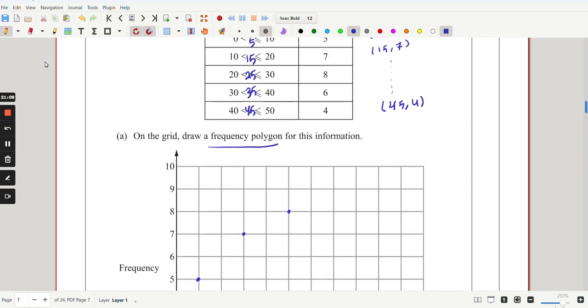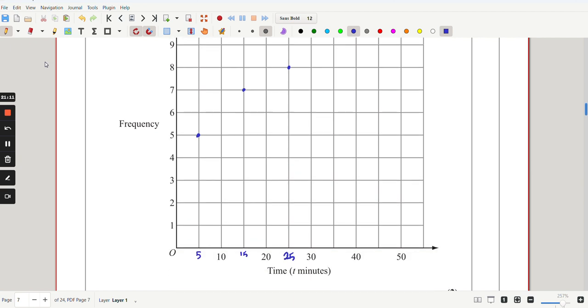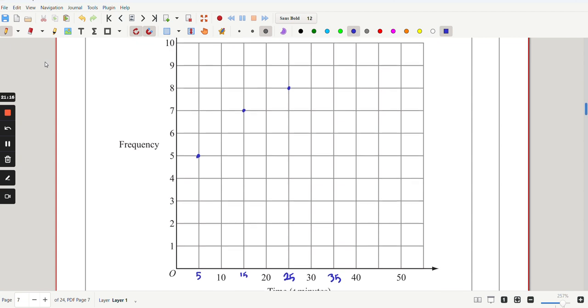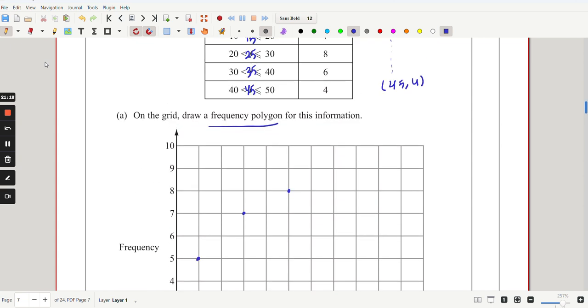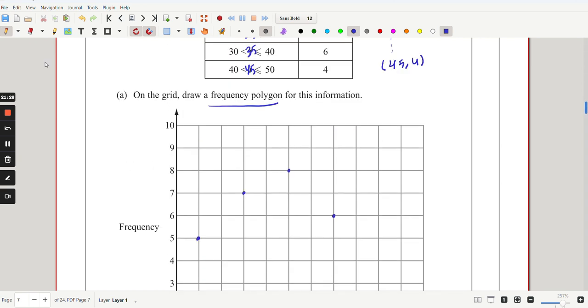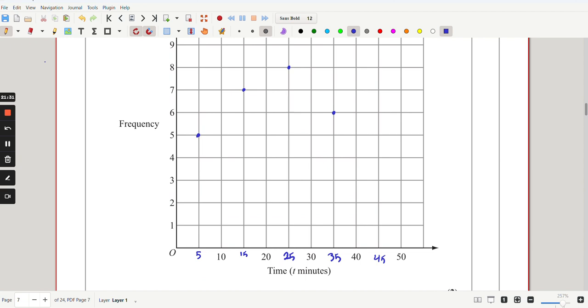Now 35 and 6: 35 is the midpoint between 30 and 40, and 6 is here, they will meet at this point. Now the last one is 45 and 4, they will meet here. Don't forget to draw straight lines between these points using your ruler.